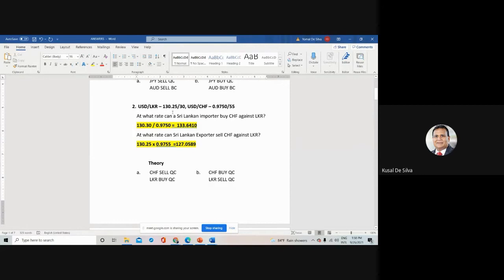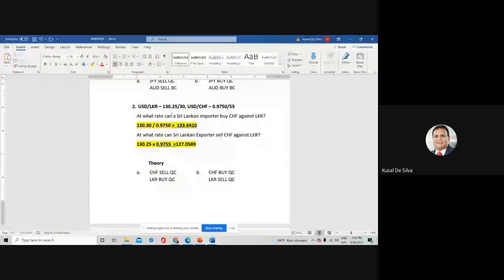Now, these are small steps you need to know. Always think what the bank will do, whether the bank will buy a quoted currency or a base currency. If the bank buys the base currency, it uses the bid rate, and the bank will sell using the ask rate or offer rate.